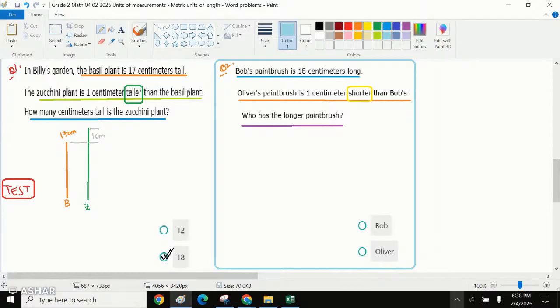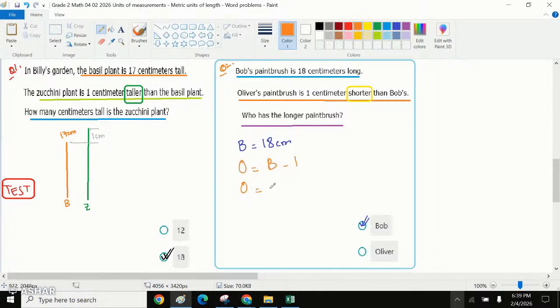So when Oliver is already shorter, we know that Bob had an 18 centimeter long brush and Oliver was Bob minus 1.